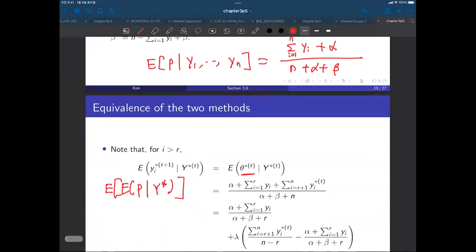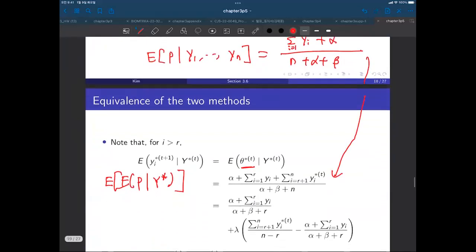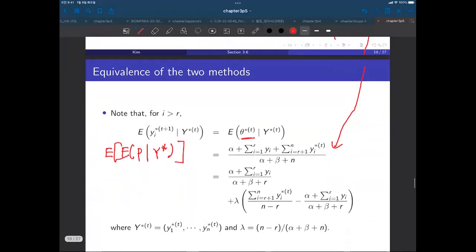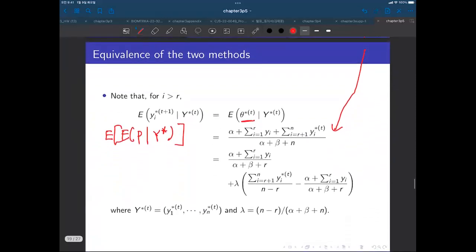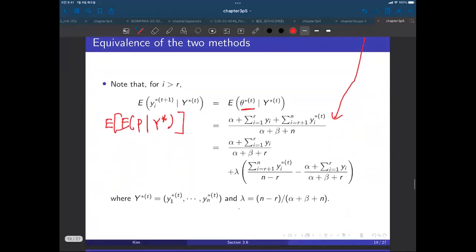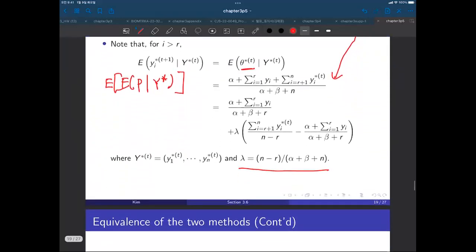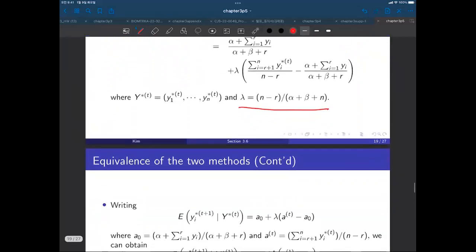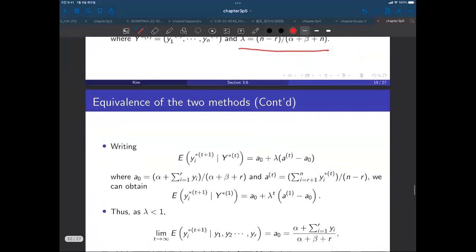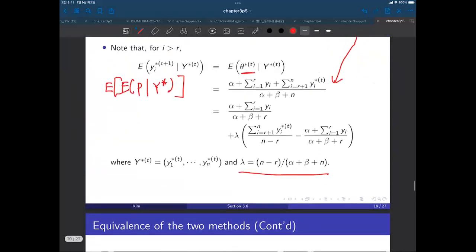Then you can do some algebra and write it this way, where lambda is just this one. Then this is actually a Markov chain.